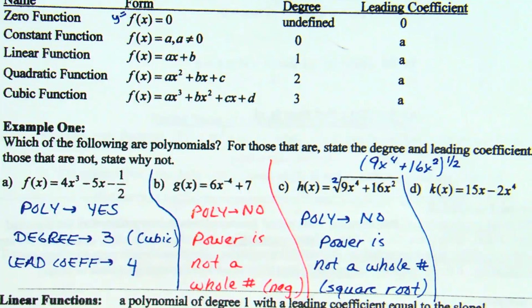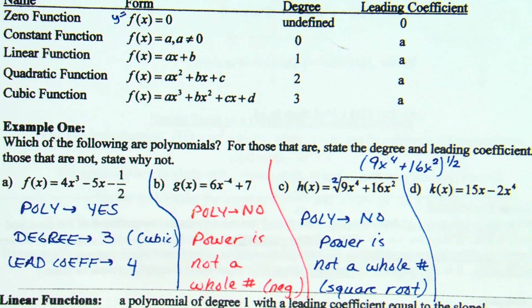Only if that square root can simplify down to something acceptable. Like if you have the square root of 16, that becomes 4, and that's okay, yes? The square root of x to the 6th would simplify down to x to the 3rd. So in its simplified form, it would exist as a polynomial.